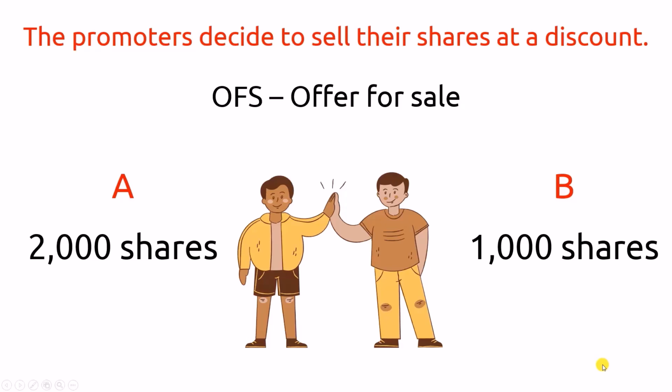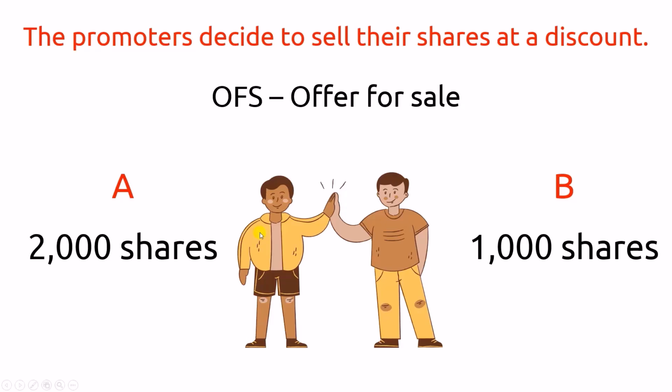So if they have more than 75% stake in a company, they have to sell it off. Next, they may have their own reasons. For example, promoter A may want to invest money in something else, so he may sell his shares to the public and then use that money to invest in some other asset. Or he may need funds and so he may be selling the shares.